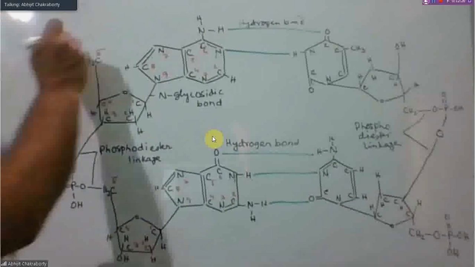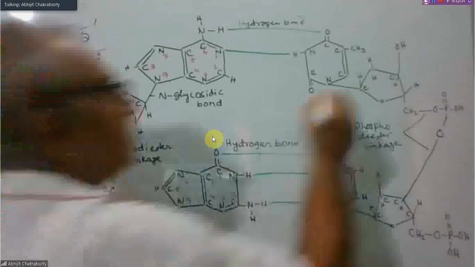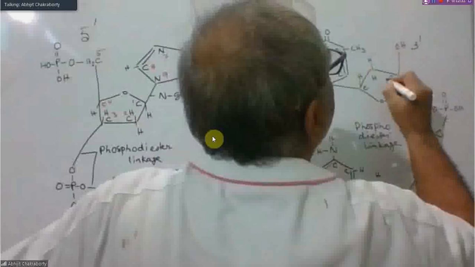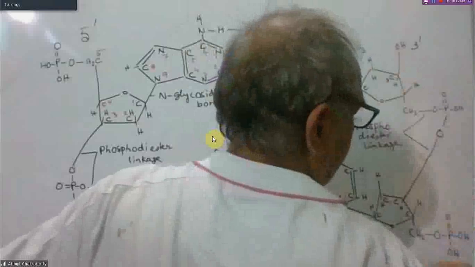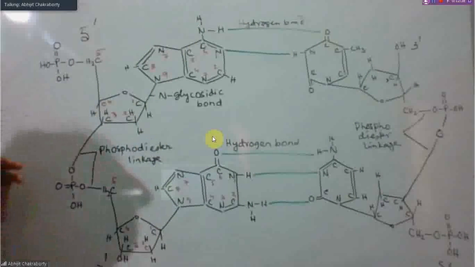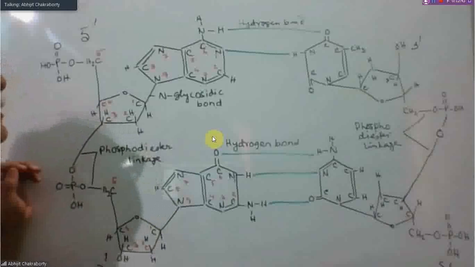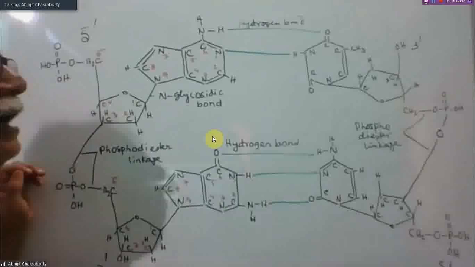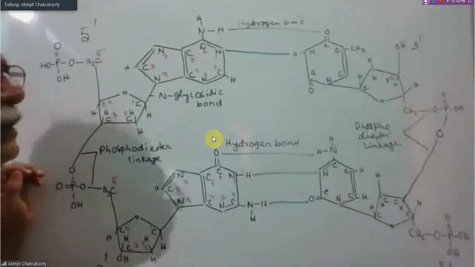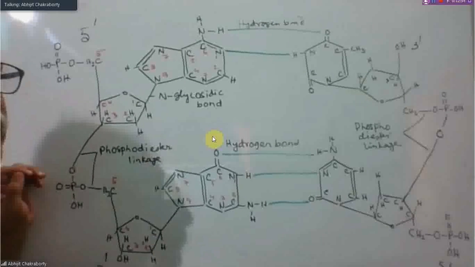You can call this end 5 prime, 3 prime, 3 prime, 5 prime. At one end of DNA chain, if the sugar is found to be with a free phosphate group, then it should be 5 prime, and in the other end of the same strand, opposite end of the same, you will get the sugar with the free hydroxyl group at 3rd carbon.